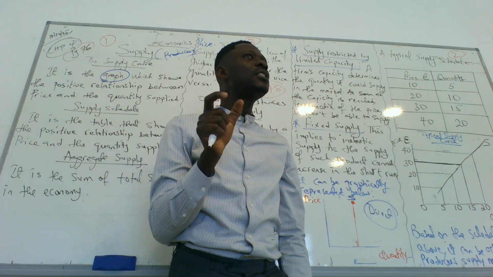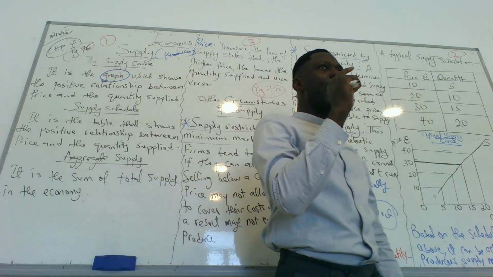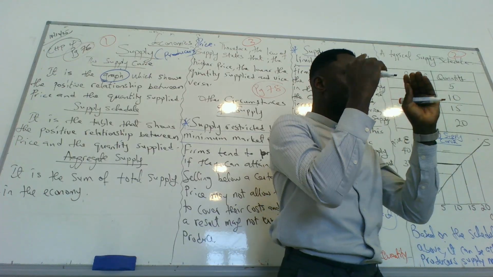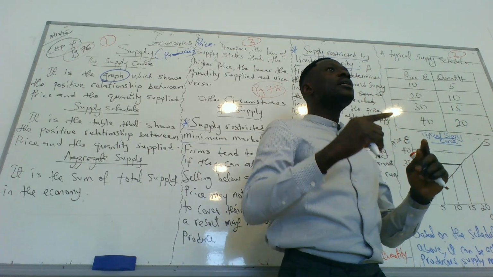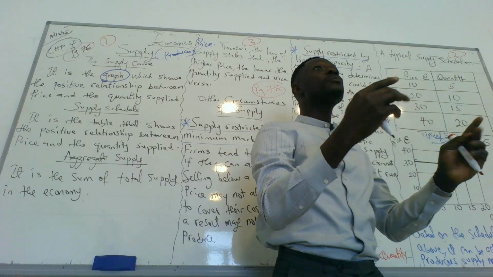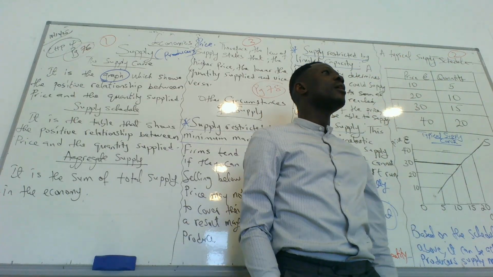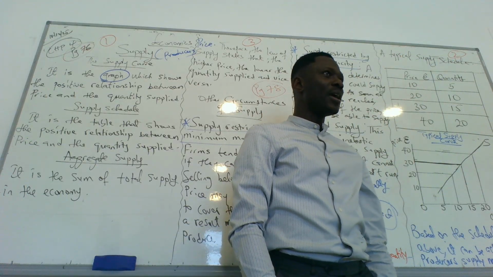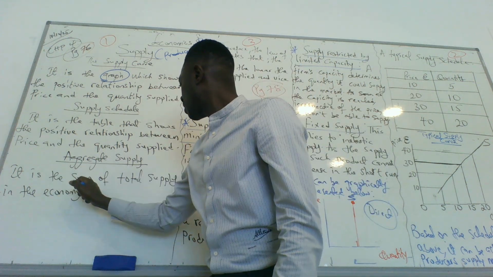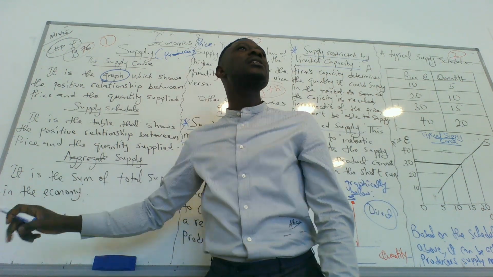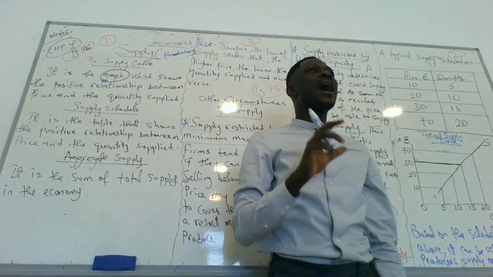ISM is individual supply. The combination of schools in terms of supply is aggregate supply. Aggregate supply is the sum of total supply in the economy, the sum of the market supply.